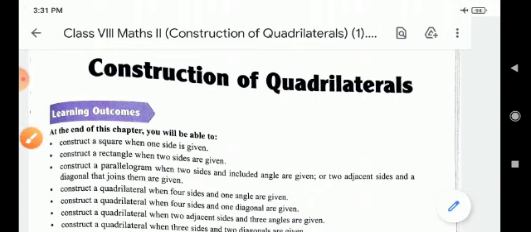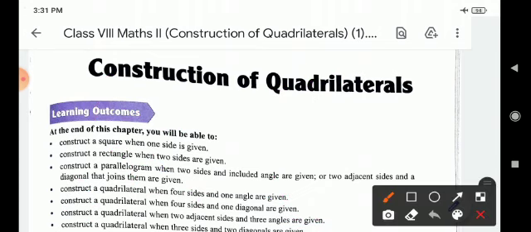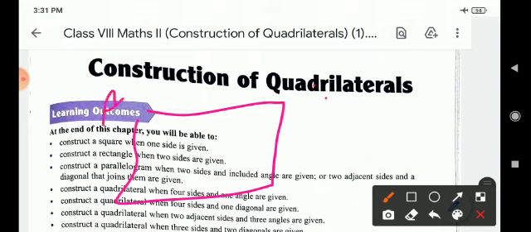Okay, children? And opposite sides. Two sides of a quadrilateral having no common point are called opposite sides.